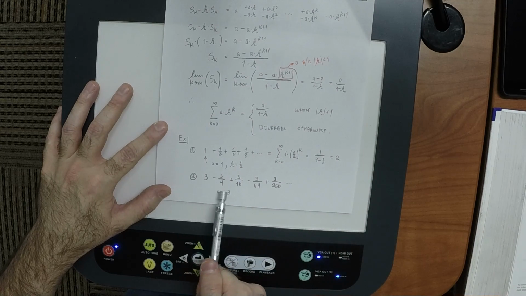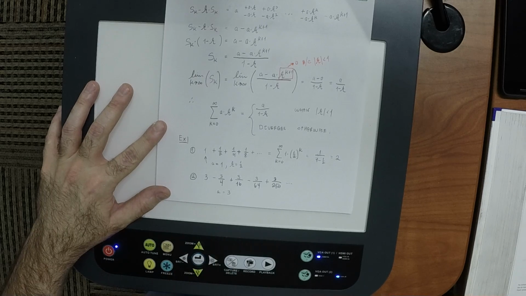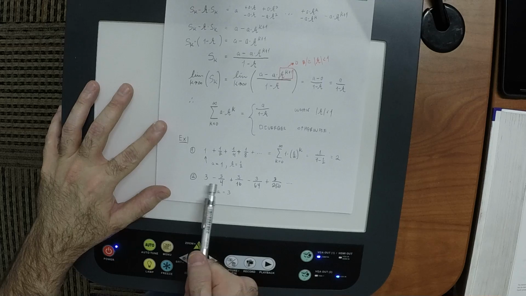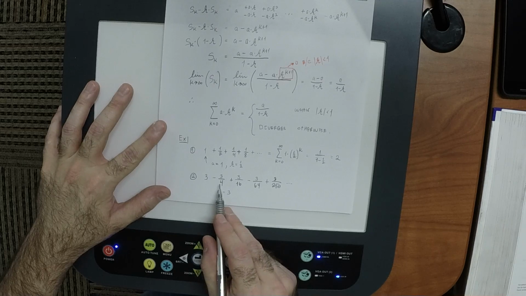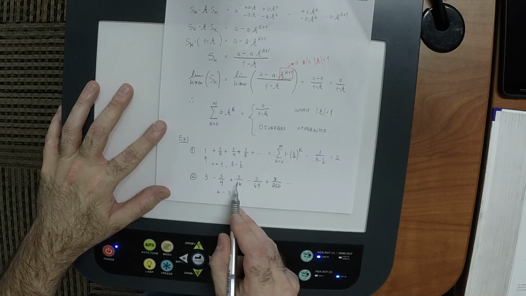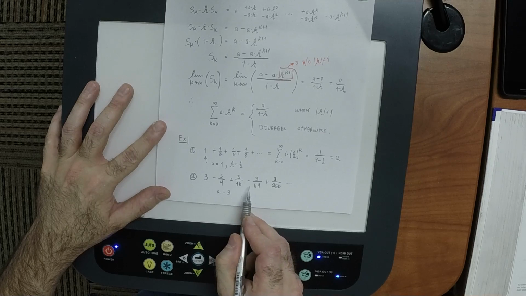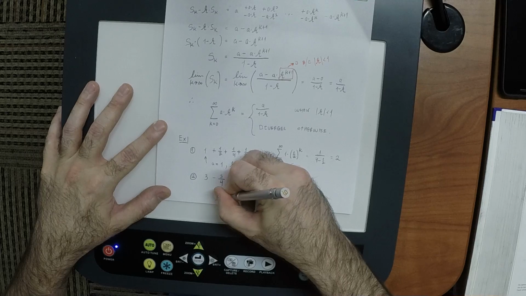And then what's the ratio that you need to go from this one to the next one? So there to there is -1/4, right? That one to that one is negative a fourth. That one to that one is negative a fourth. Okay, so the ratio is negative 1/4.